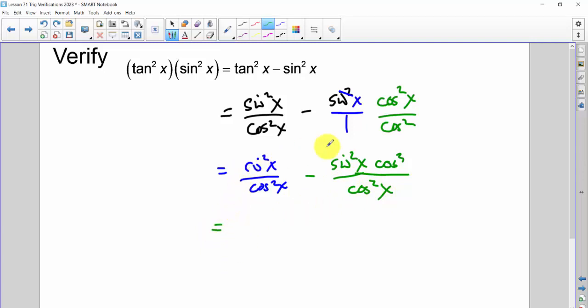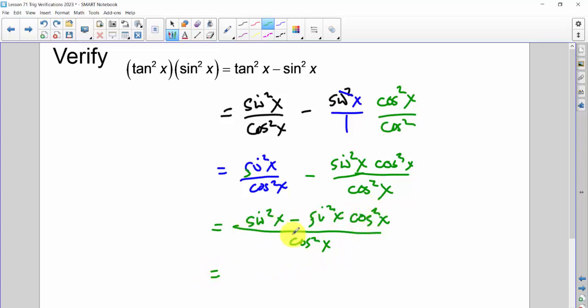Actually, sorry, let's change that. Sine squared x minus sine squared x cosine squared x over cosine squared.